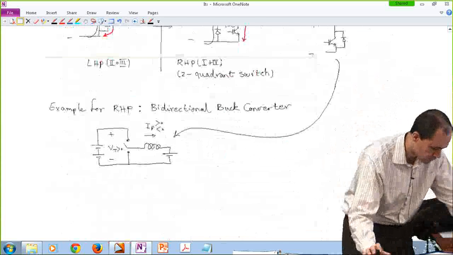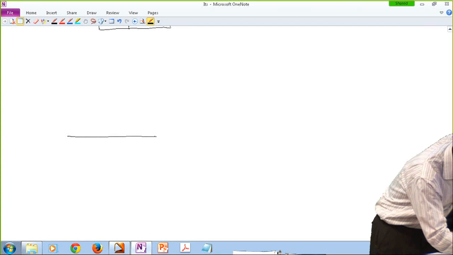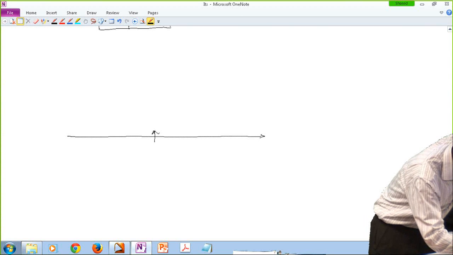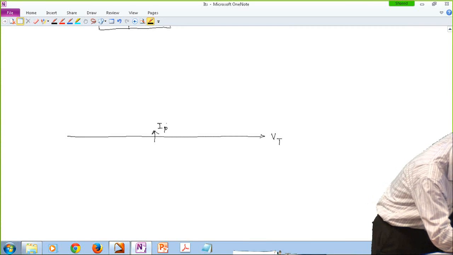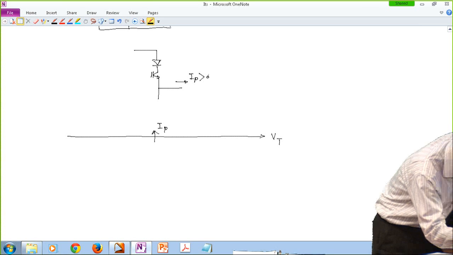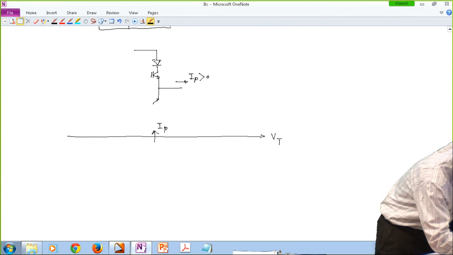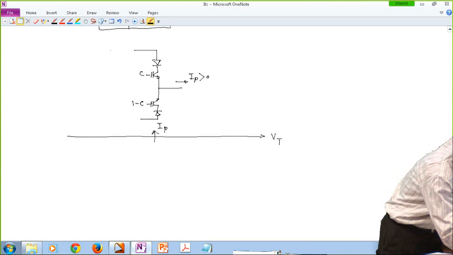It's going to make much more sense after I draw it. Okay, so we get a structure like this.